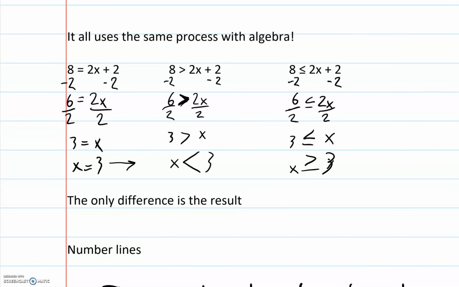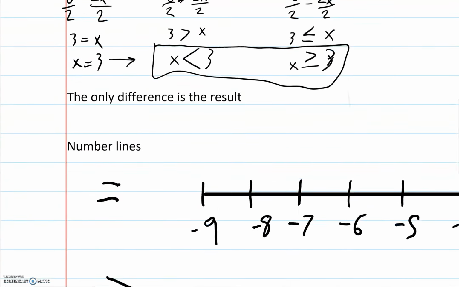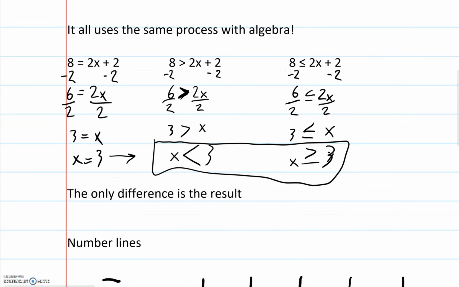Now, I'm going to suggest that you don't do this bottom step. Don't flip it. Whatever side x is on, leave it on that side and work with it there. Don't flip it around, it might make it confusing. So the only difference is the result. Once we have this result, now it is different.